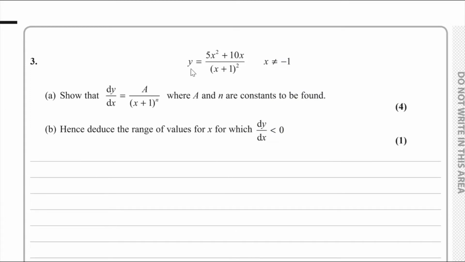Question number 3. We have y equals 5x squared plus 10x divided by x plus 1 all squared, where x doesn't equal minus 1. And for part A, we have to show that dy over dx equals a over x plus 1 to the power of n, where a and n are constants to be found. Now, you'll notice here we have a function divided by another function.